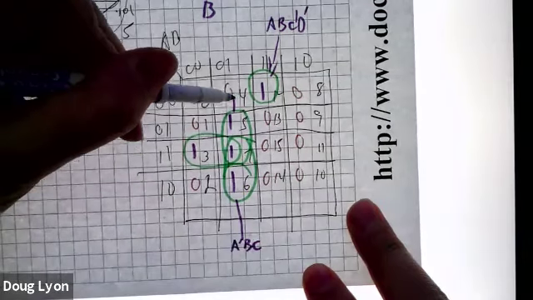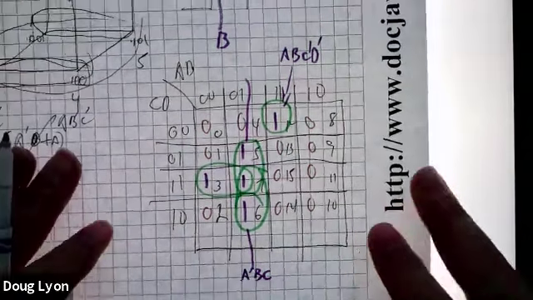Yeah. So that would be A prime B, and then it would be just C. Yep. Want to try the 5-7 loop?